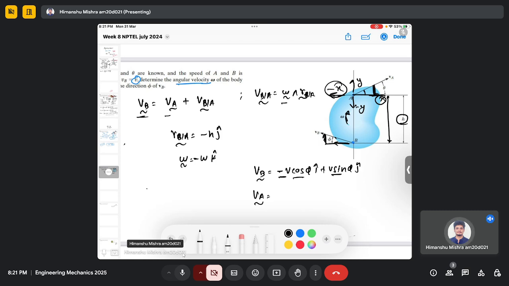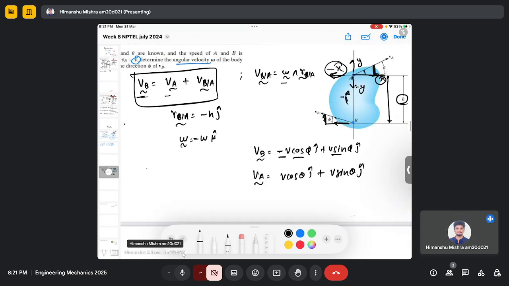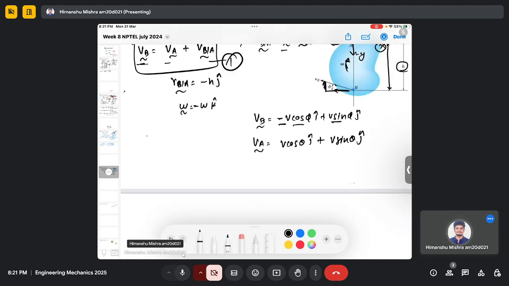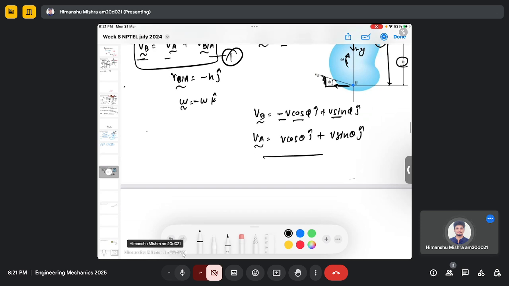So the x component will be V cos theta, and the y component is V sin theta. Now if I use this relation, I can use equation 1 and write all the quantities in vector form.